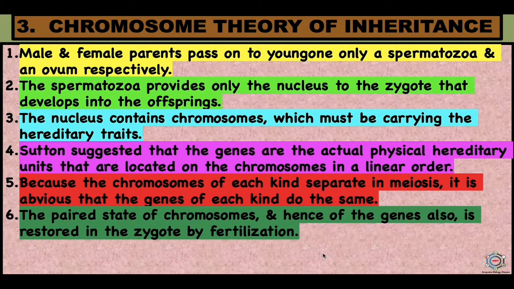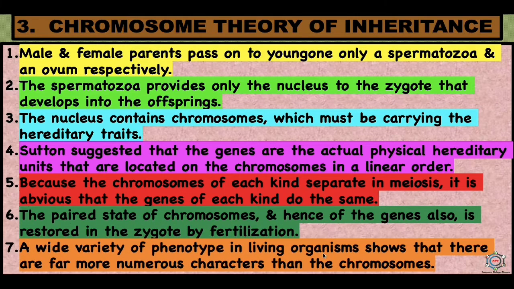The paired state of chromosomes and hence of the genes is also restored in the zygote by fertilization. A wide variety of phenotypes in living organisms shows that there are far more numerous characters than chromosomes. So each chromosome carries many genes.